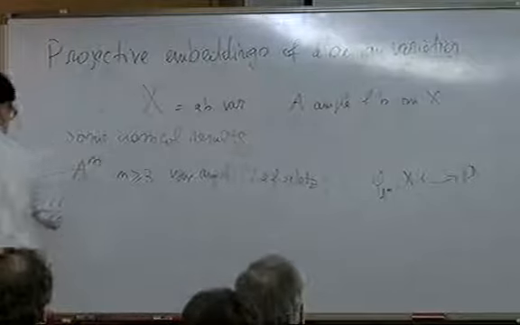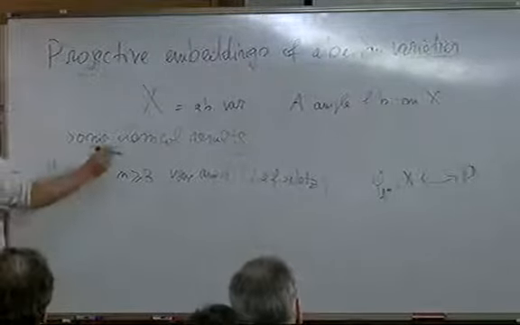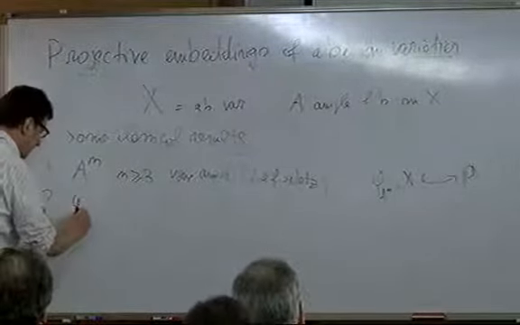So the second class of results is about properties of the image, so the embedding.